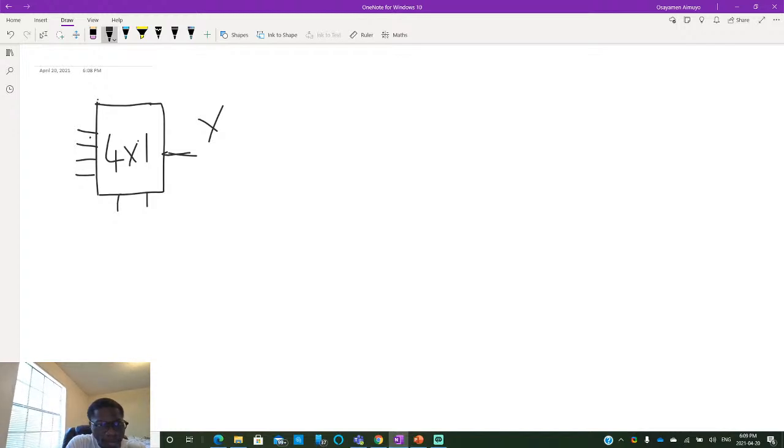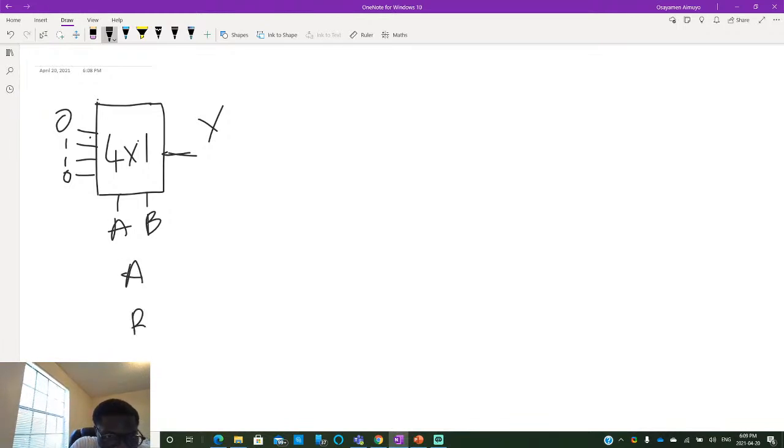Okay, we have A, B, and we have these inputs. So let's draw the timing diagram. And let's label the inputs such that this is I0, and then this is I1, I2, this should be I3.